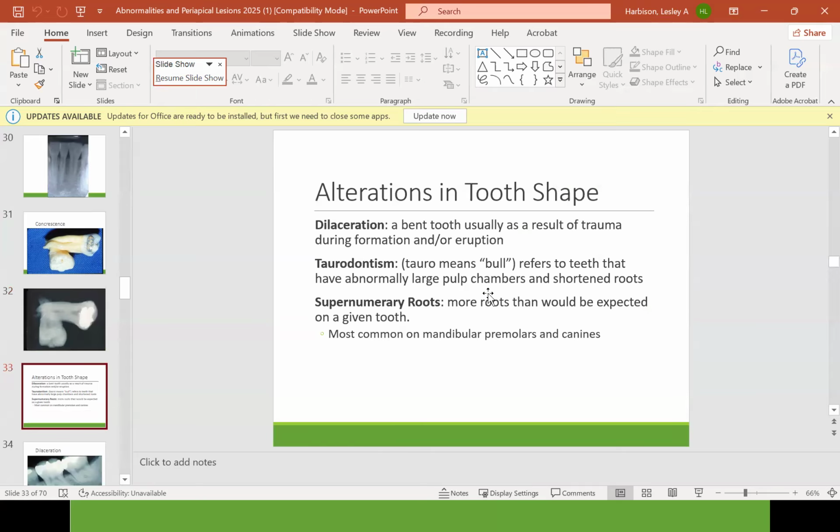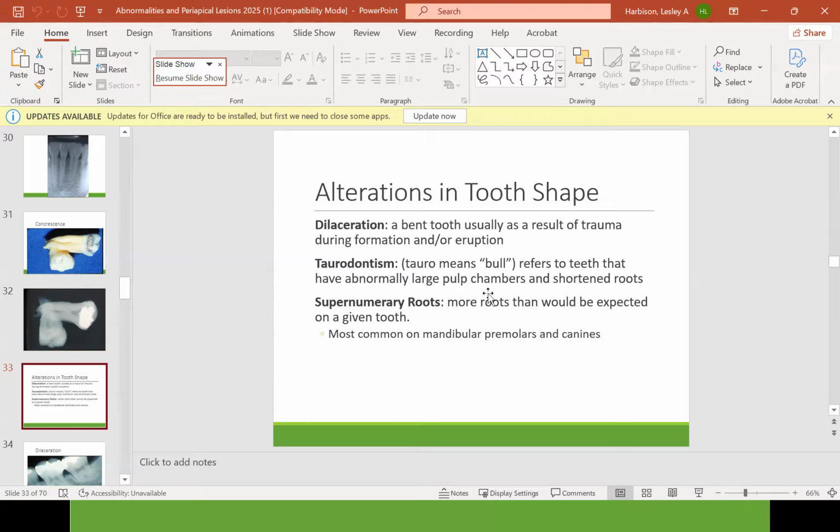Okay, so here are some more alterations in tooth shape. These are all focused more on the roots, I believe. So dilaceration, we've seen that already in Dexter. Dexter has dilacerated roots, a curvy, wiggly, swoopy root, especially at the end, when it kind of swoops off. Dilaceration is a bent tooth, usually as a result of trauma during formation or eruption.